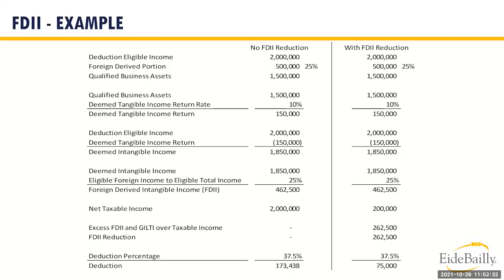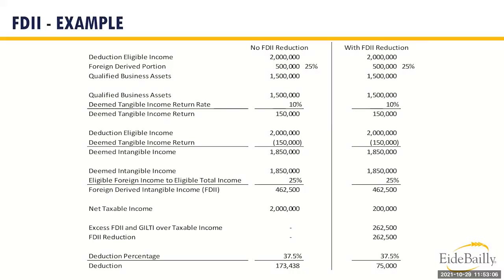The 10% was set by statute as what I guess Treasury and the IRS and Congress would deem a reasonable and rational return on assets. So what we do is we take our deduction eligible income, we subtract out our deemed tangible income return, and that brings us up with the deemed intangible income. In this example, it works out to $1,850,000.